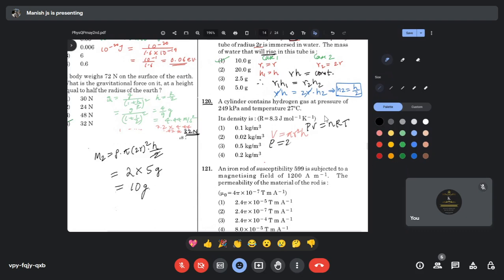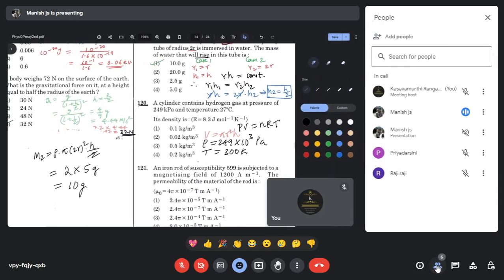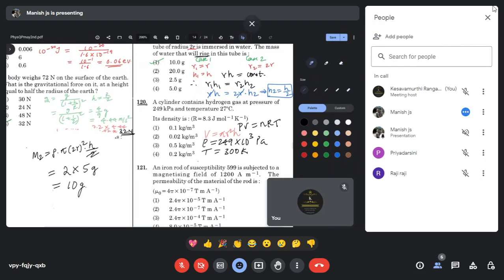Pressure is 249 kilopascal, which is 249 times 10 to the power 3 pascals. Temperature is 273 plus 27 degrees Celsius, converting to Kelvin, so 300. Our universal gas constant is 8.3 joule per mole per kelvin. That is given. So you go for a rearrangement.